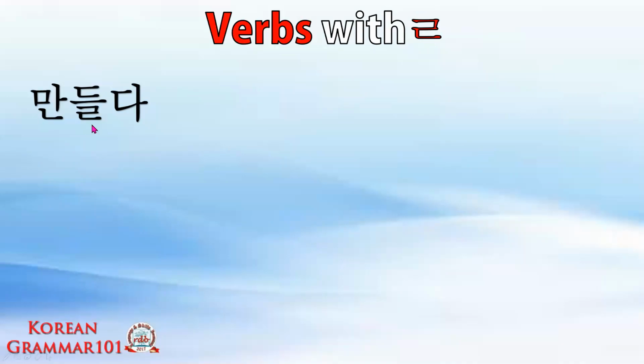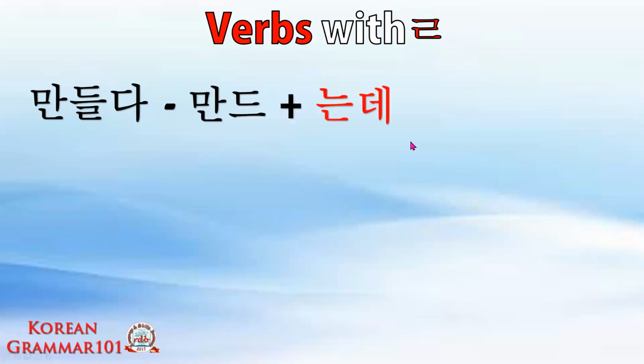So the verb mandul, if you notice, has batchim riul at the end. So this riul will be erased, and we can attach now our nunde. So from mandulda, it becomes mandu plus nunde or mandununde.